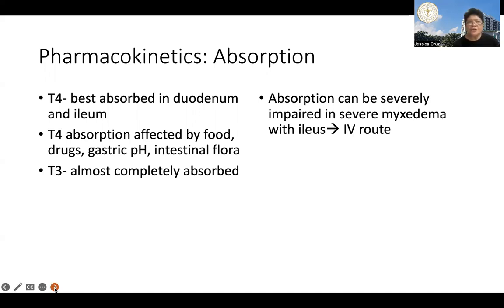Now, in cases of severe hypothyroidism, what we call myxedema, it's an urgent condition where you really need to replace the thyroid hormones. We usually give the supplements through IV, because if given orally, absorption is very slow since the digestive function is slowed by the state of hypothyroidism.